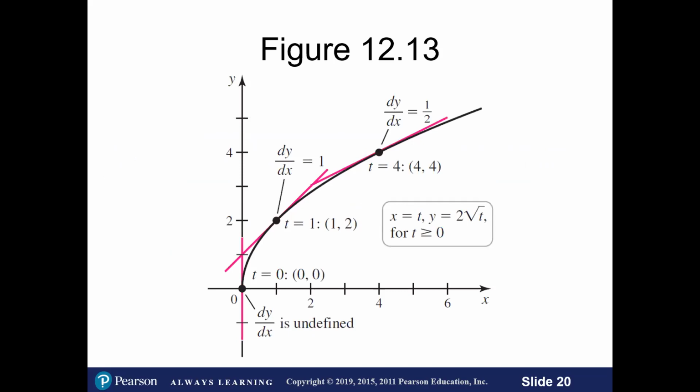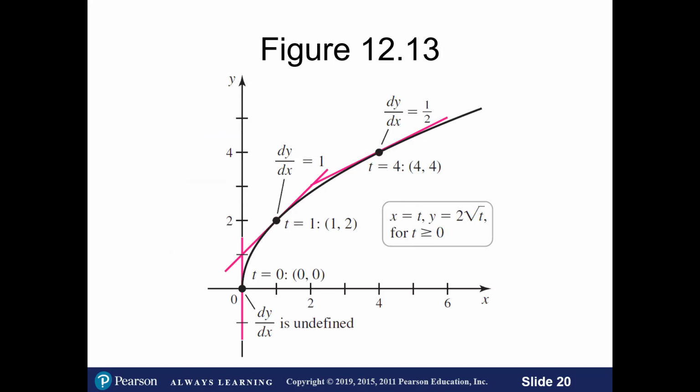Okay, so we could do an example here. Suppose I have the parametric curve x equals t, y equals 2 root t. Okay, and I want to find the derivative at the point.